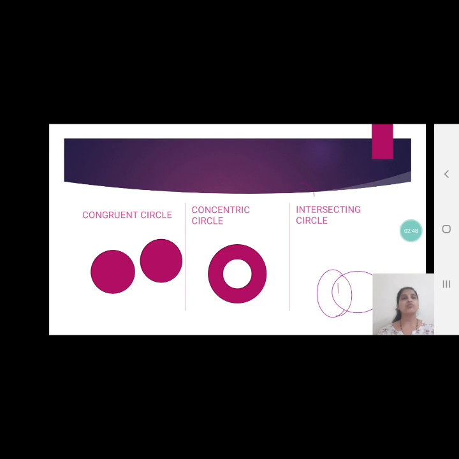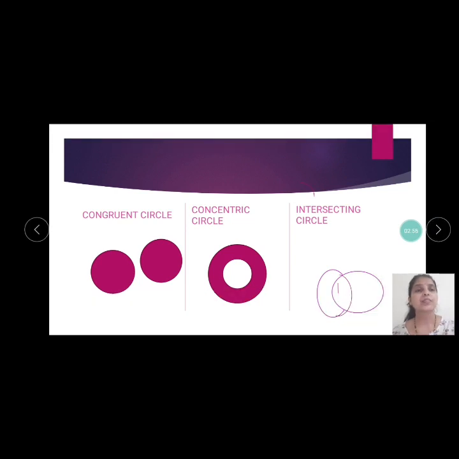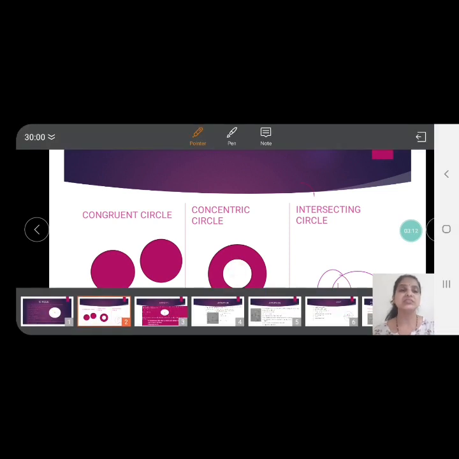Then comes the concentric circles. Concentric circles are the circles which have the same center but different radii. Such circles are known as concentric circles.